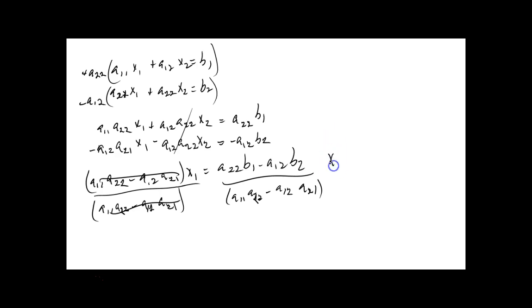That will give you x2 equal to, I'll write it the way they do, b2 a11 minus b1 a21 over the same denominator, a11 a22 minus a12 a21. There's your x2.